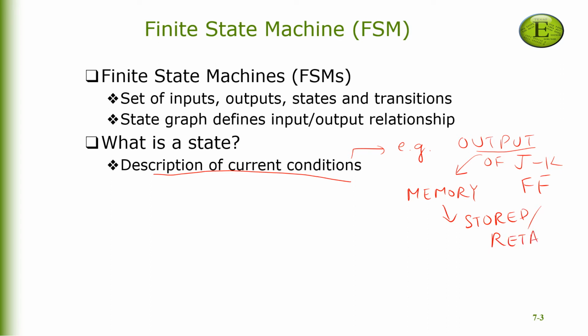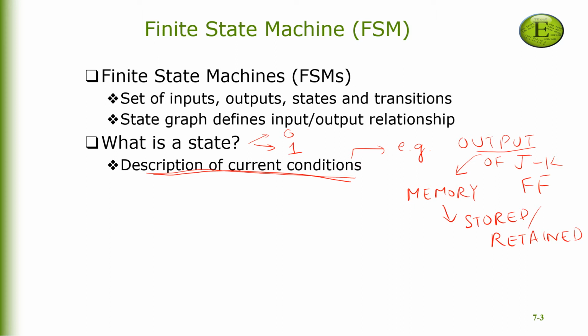Quite naturally, in the digital world, when we talk about the state, it is usually a case that we are trying to describe the current condition in a binary form, such as 0 or 1.